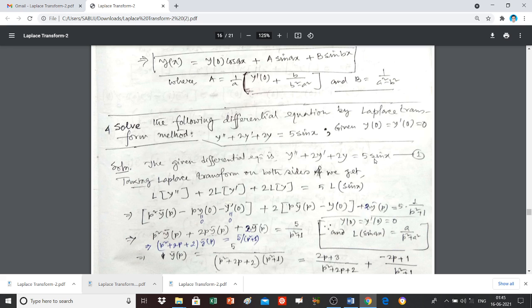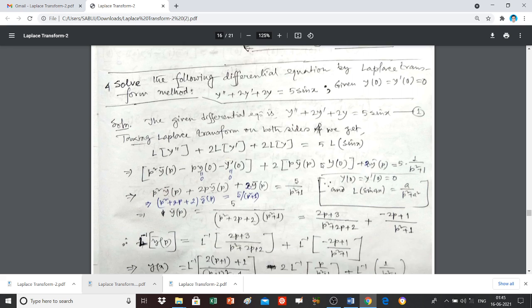Now taking the Laplace transform on both sides of this equation, that will result in L of y double prime plus 2L of y prime plus 2L of y equals 5L of sin x.